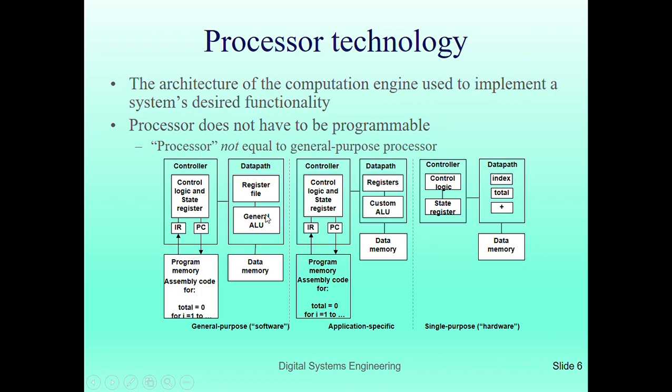In the general purpose microprocessor, the ALU is a general ALU, but in the application specific microprocessor, it's a custom ALU. In the single purpose processor, you will find the controller, data path, and some data memory. Okay, so let's describe these processors in detail.